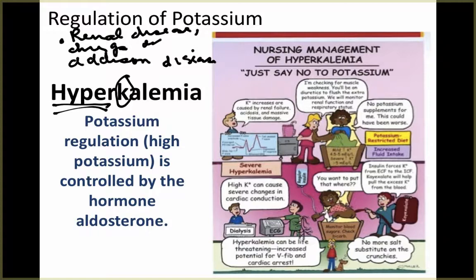Again, they'll want to make sure you drink a lot of water, and they'll monitor both your renal function and respiratory status whenever they're trying to manage hyperkalemia. And no potassium supplements if it gets too high, right? A lot of times you don't need to take supplements that have a lot of potassium in them because it can be fatal. Just taking a regular multivitamin or eating stuff that's kind of high in potassium is good enough.